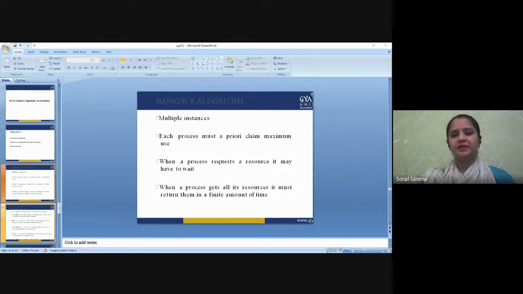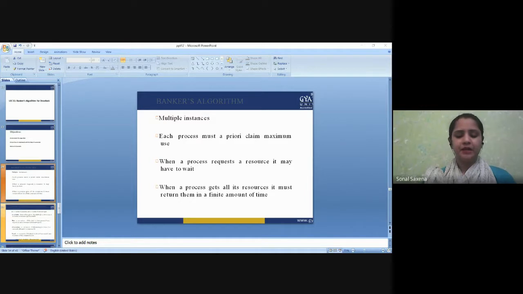So for complete execution, the process requires all these things. When a process wants to get executed or enters a system, the first mandatory thing is that it should declare in total how many instances it requires for a particular resource.